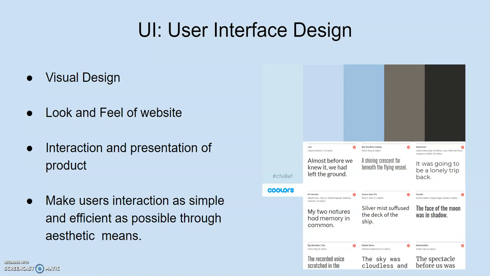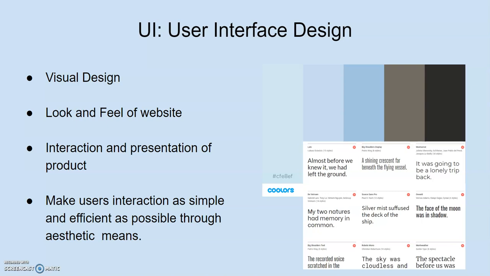Presentation of the product has to do with images, pictures of the product, and how they look and how they're presented. Do your pictures fit in with the color scheme and typography? Are they just randomly placed, or do they integrate into the website? So that's what user interface is about.